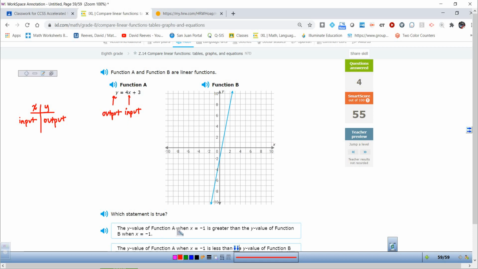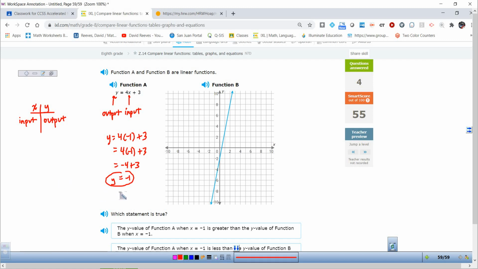So it's saying the y value when x is -1. So I'm going to go y equals 4, but instead of x, I'm going to put -1 here. So what do I get? I get 4 times -1 plus 3. So I get -4 plus 3, and I get -1. So y is equal to -1.